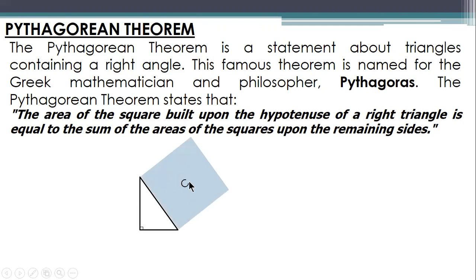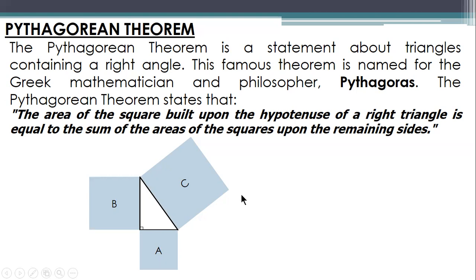Let's denote it as square C. Let's continue: areas of the squares upon the remaining sides. We'll now draw squares where one side of the square is a leg. This one is square A, and on the other leg, square B.